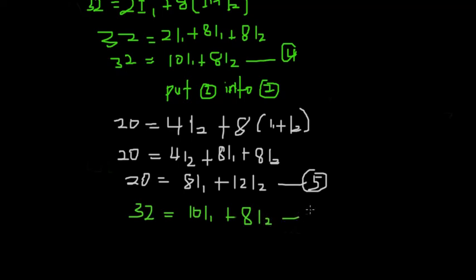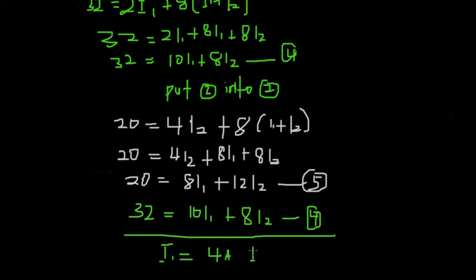So this is our equation 4. When you solve this simultaneously, you can use your calculator, and you will end up getting I1 equal to 4 amps, and then I2 equal to minus 1 amp.